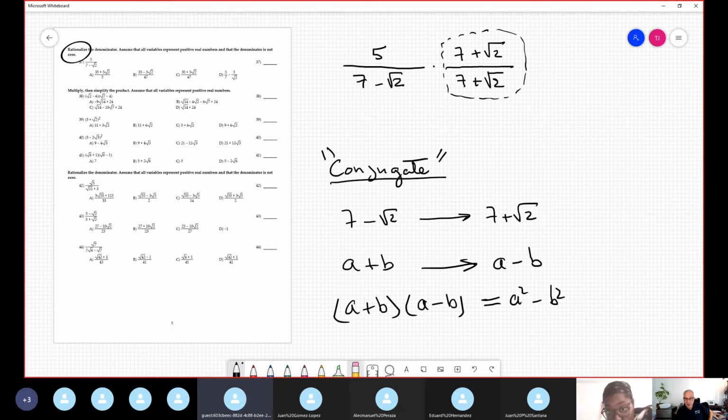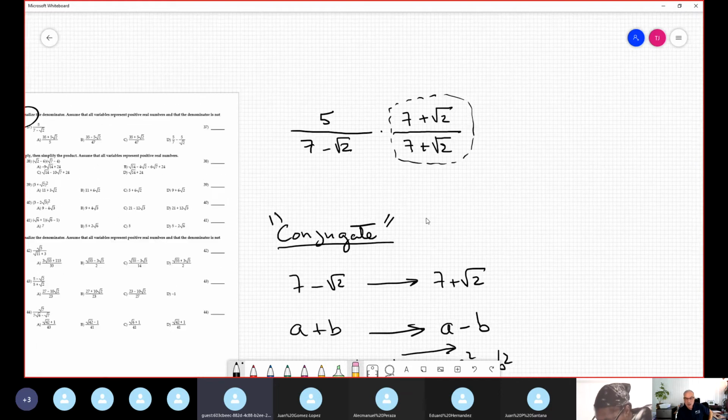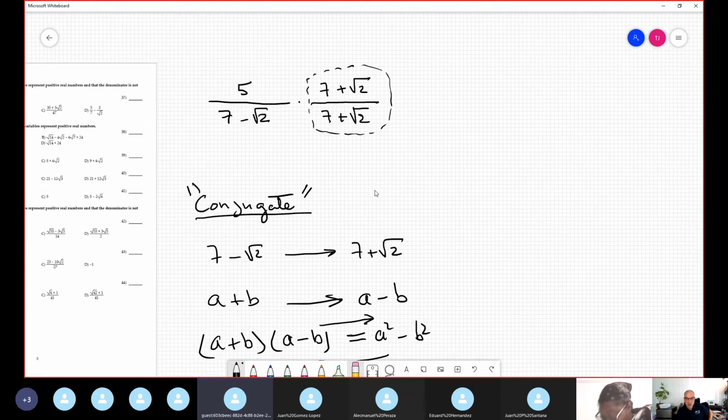Normally, we use this formula in that direction, factorization. But we can do it in the opposite direction, multiplication. In this case, when you multiply two expressions that are conjugates, the shortcut to do it fast is 7 times 7 is 49. Not necessarily apply FOIL.